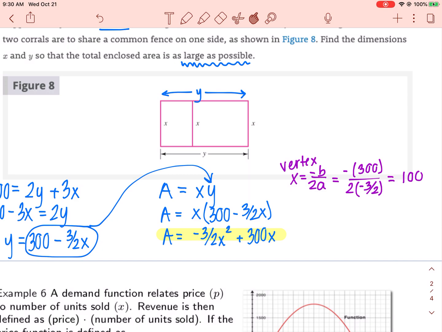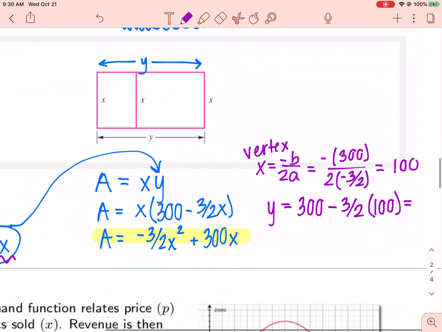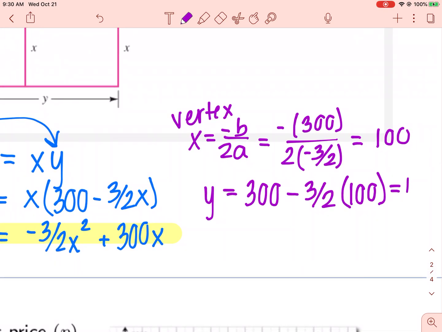That's great. So I'm going to go back here, plug in my value to solve for y. That's what the problem wants me to do. So 300 minus 3/2 times my x value. And then I get my y value to be 150. Okay.